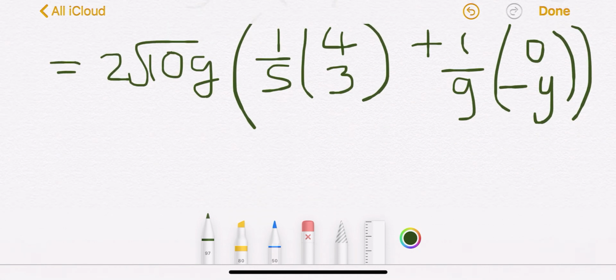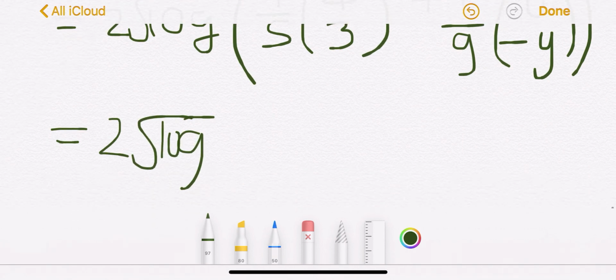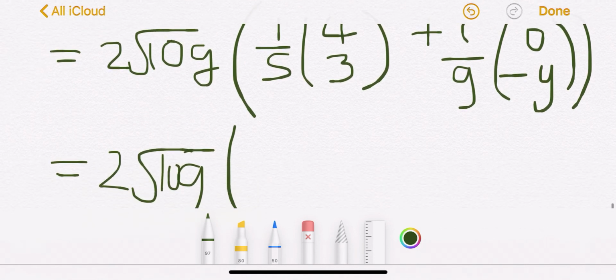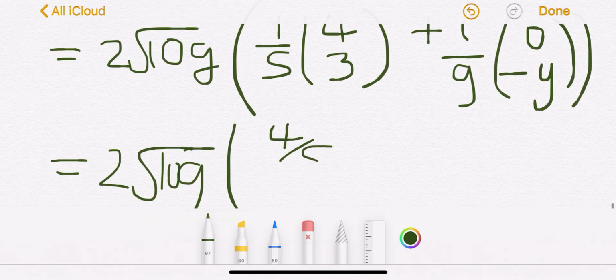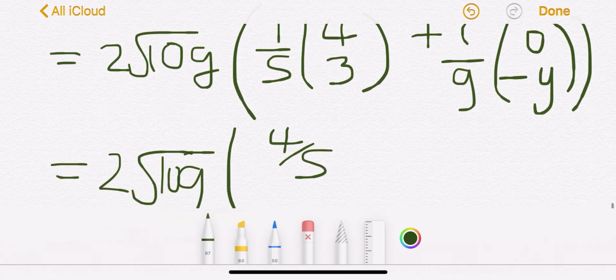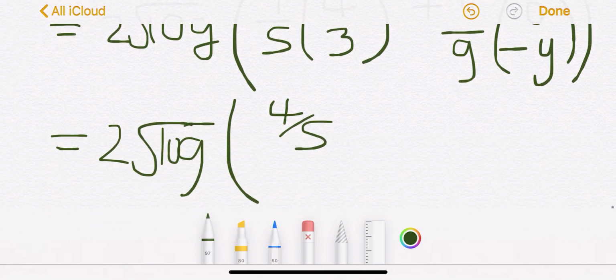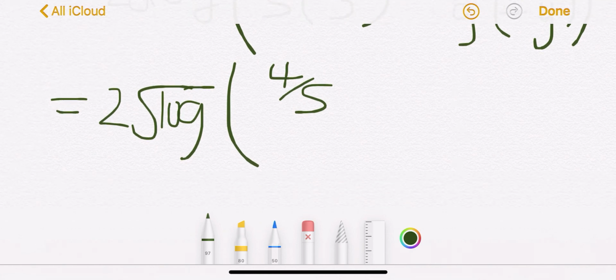Simplifying that even further, we get 2 root 10g, and then this factor here is going to be 4/5 plus 0, and then 3/5, and then 1 over g times minus g is minus 1. So 3/5 minus 1 is minus 2/5.